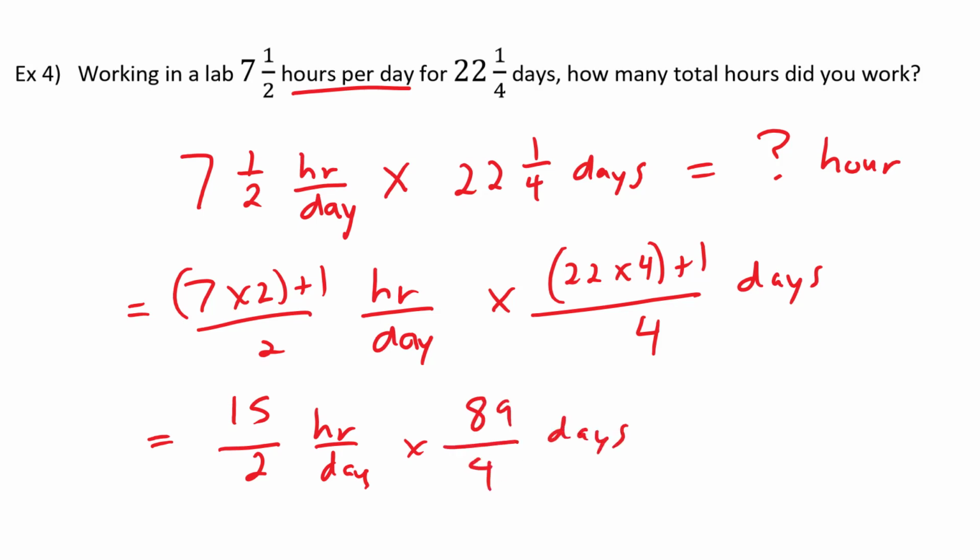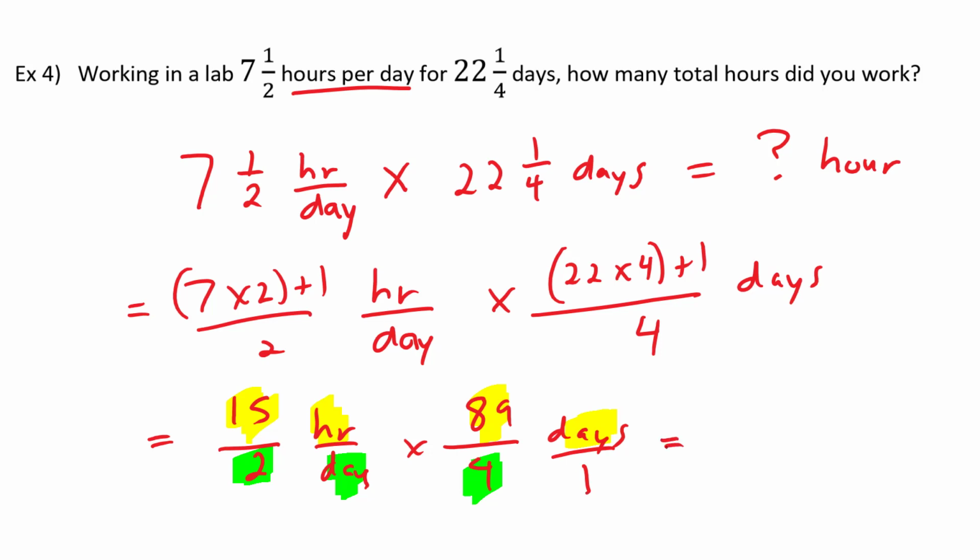Let's multiply my numerators together. And we'll multiply the denominators together. Notice here, we have some other numerators and some other denominators, the units. We can turn that days into a fraction if we wanted to by putting 1 underneath it.